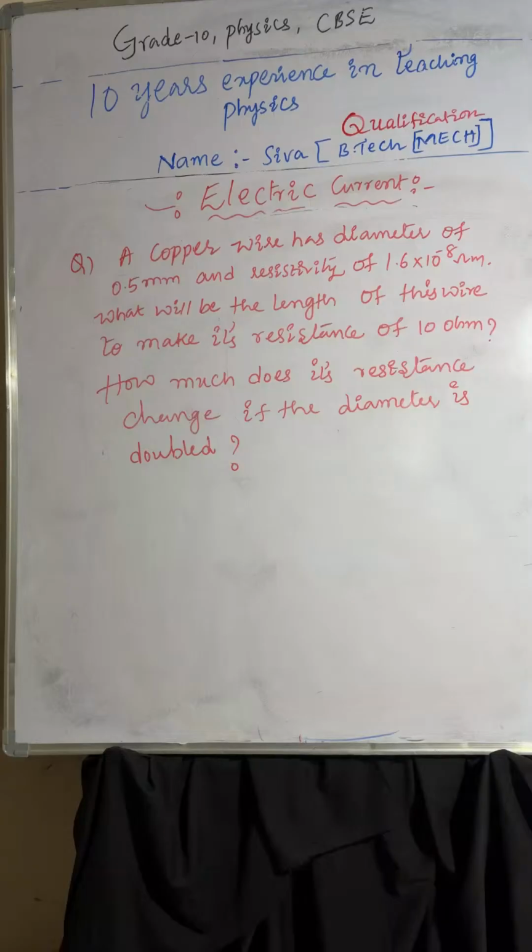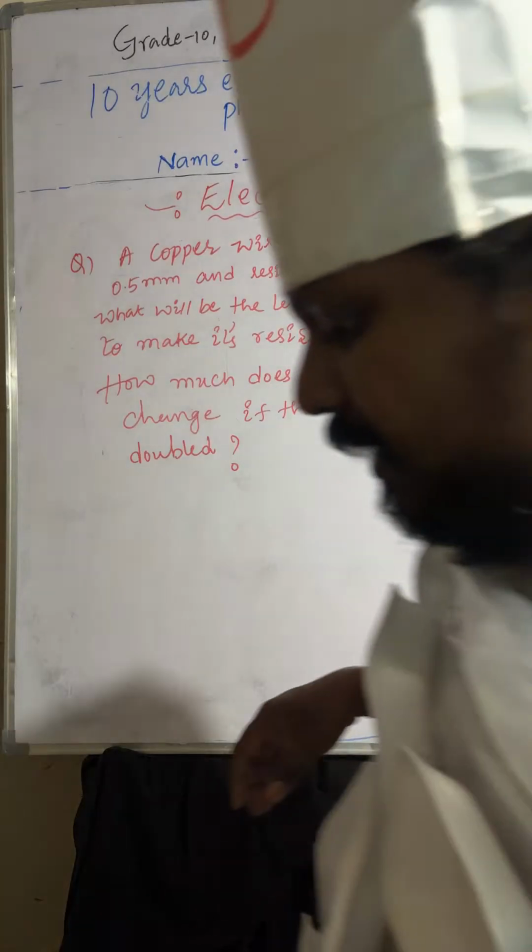A copper wire has a diameter 0.5 mm. So here, identify the given data.